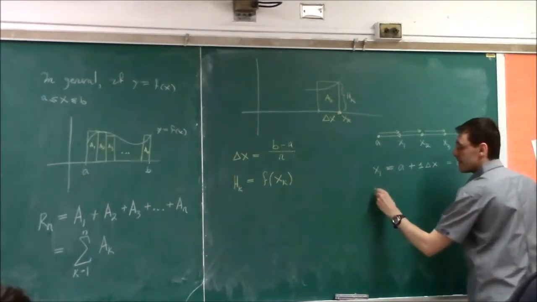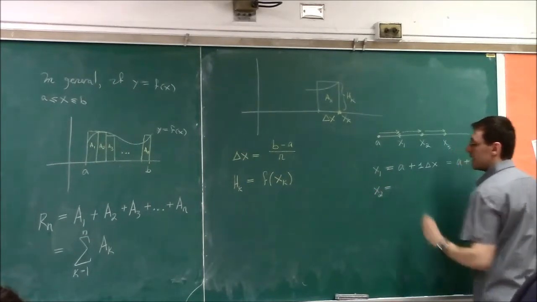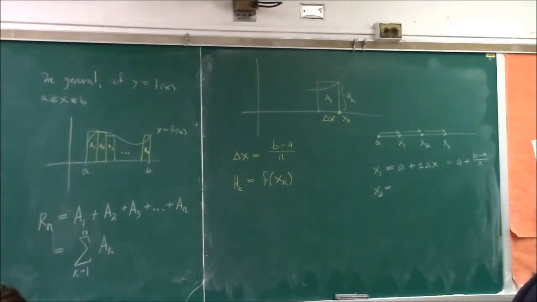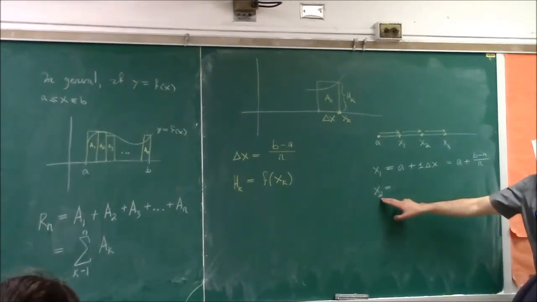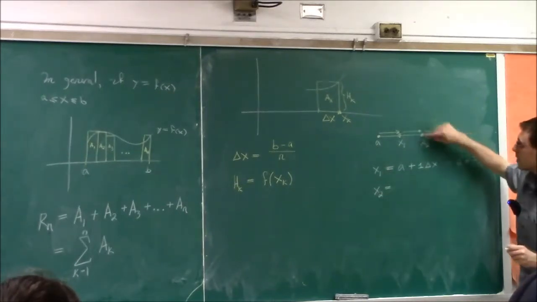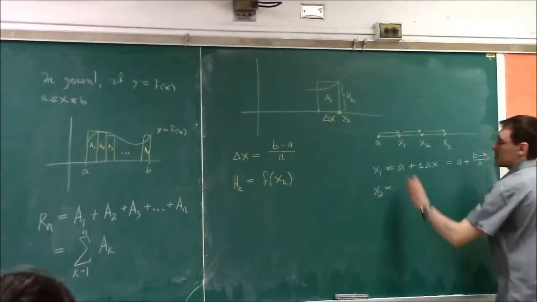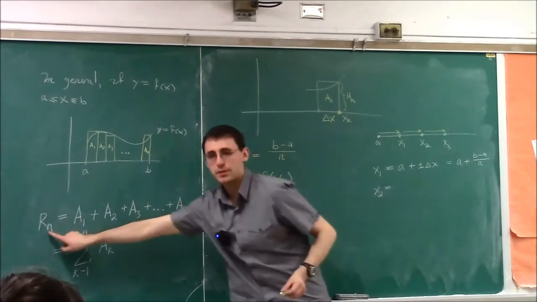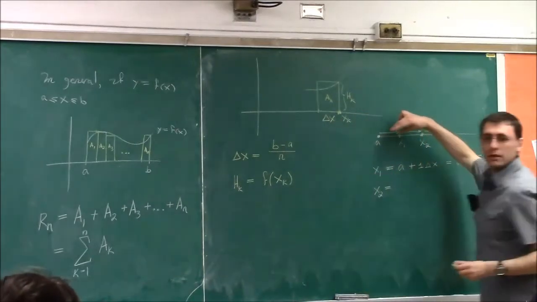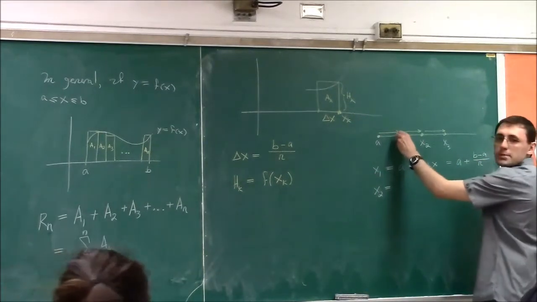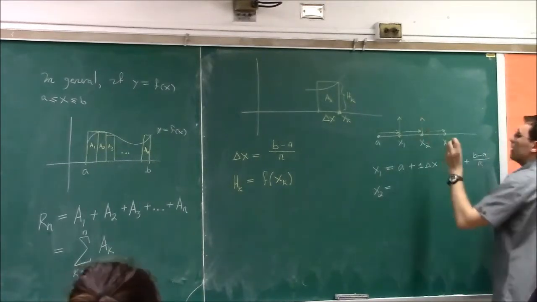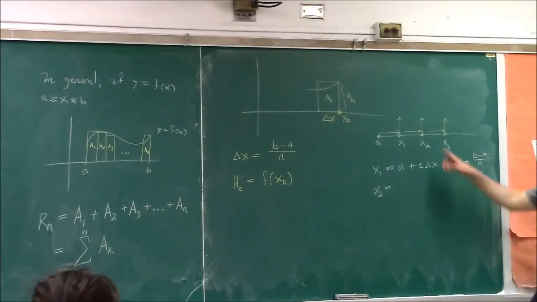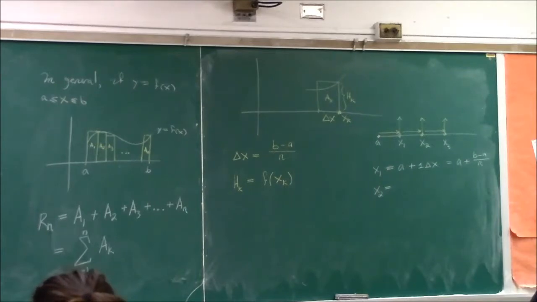What is x sub 2? And again, I want a simple formula in terms of the index, right? So how do I get to x sub 2? When we are using the right-hand approximation, we always pick the right-hand point of the interval to plug into the function to create the height of the rectangle.